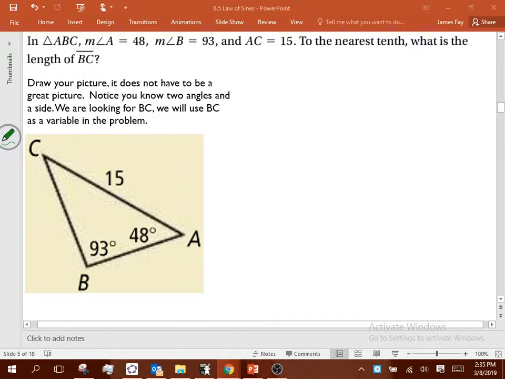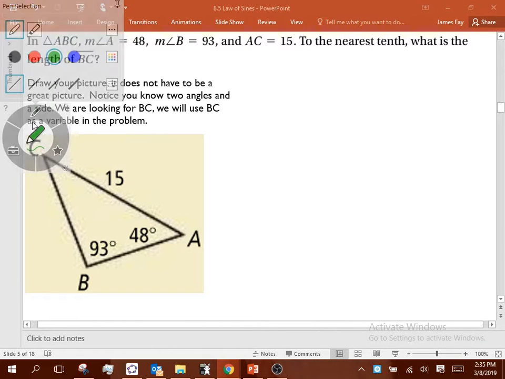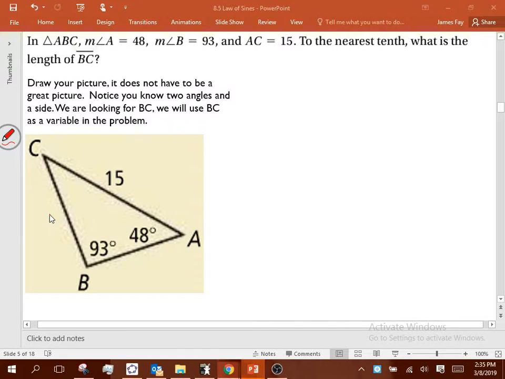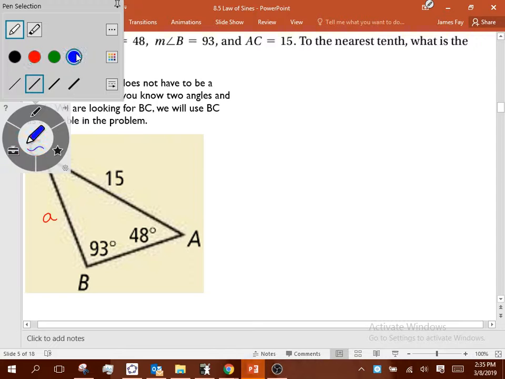Okay, so what we're getting at here is the law of sine, so this is a non-right triangle, correct? Non-right triangle. So our goal is to solve for segment A and segment C. Okay?